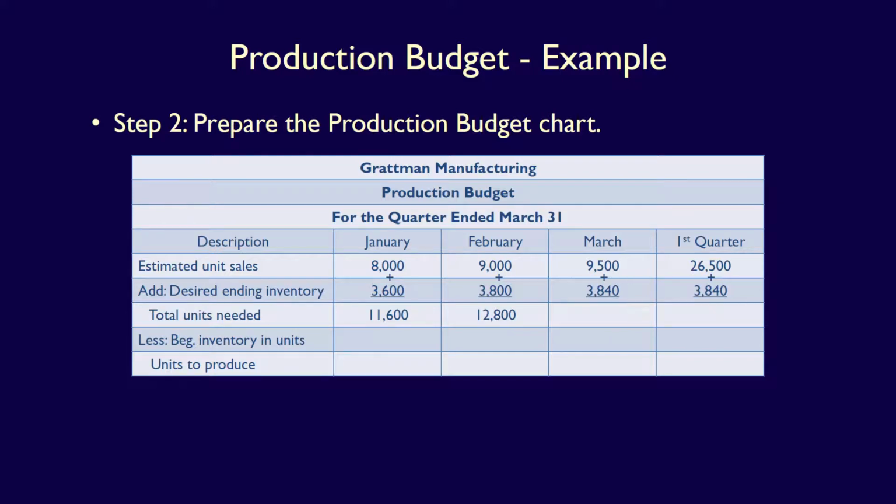For February, 9,000 units plus 3,800 units is equal to 12,800 units needed. For March, 9,500 units plus 3,840 units is equal to 13,340 units needed. Finally, for the first quarter, 26,500 units plus 3,840 units is equal to 30,340 units needed.